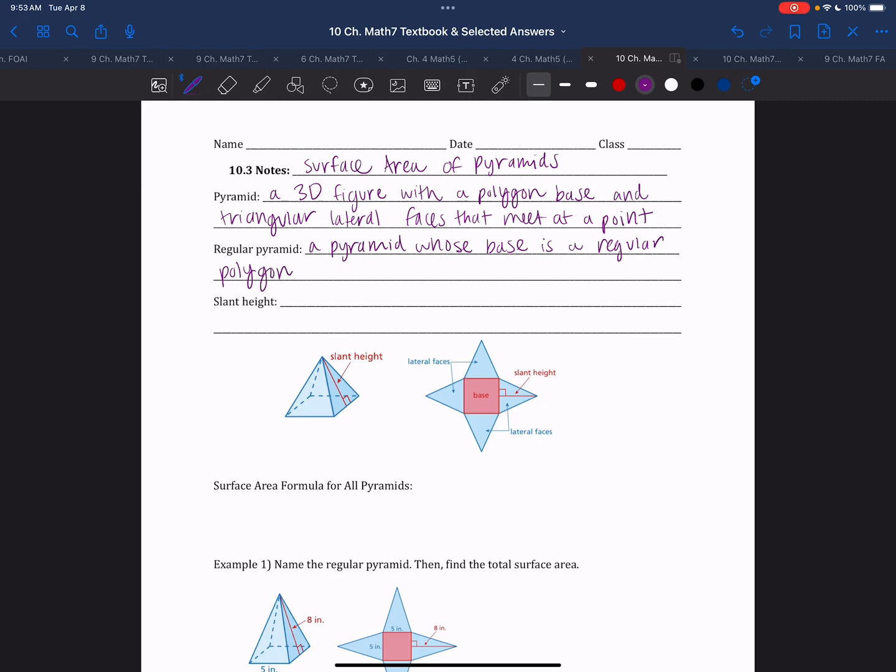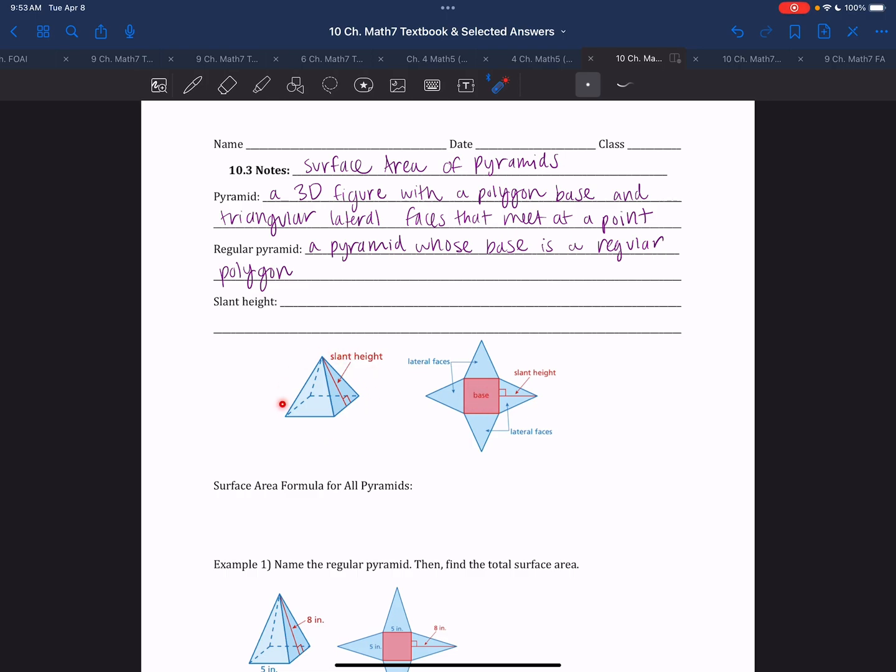All right, so slant height is the next definition. So if we think about what we know about height, we know that the height is always perpendicular to the base. But if you look at a pyramid, the height of the lateral faces is not going to be perpendicular to the base.